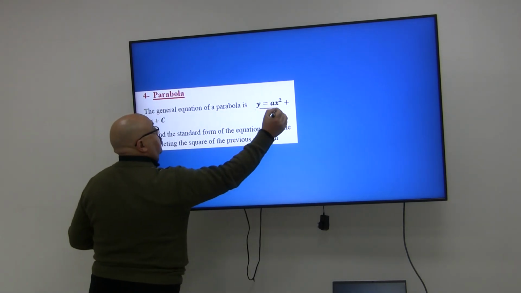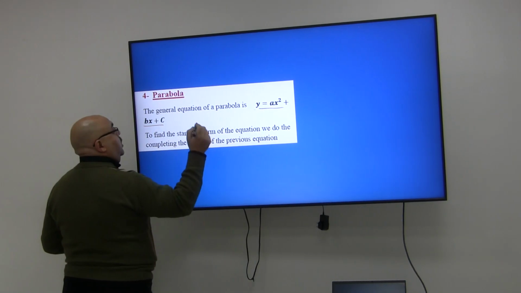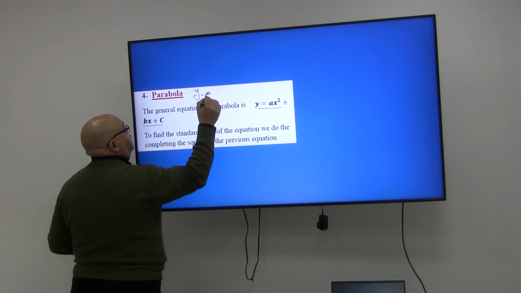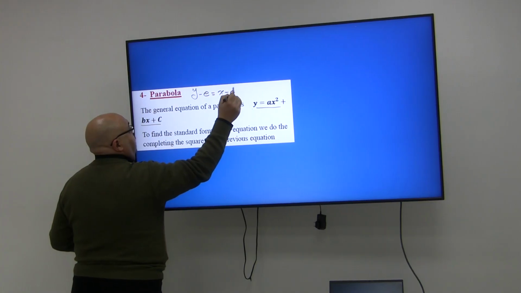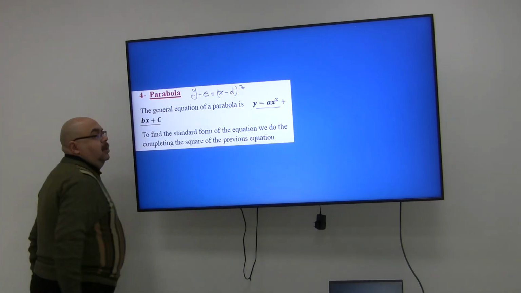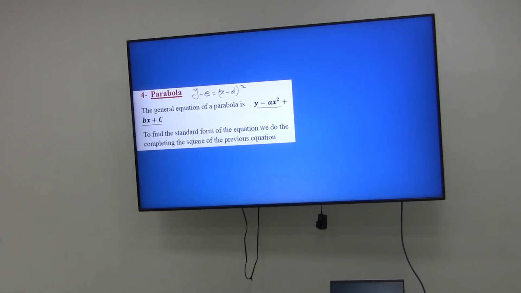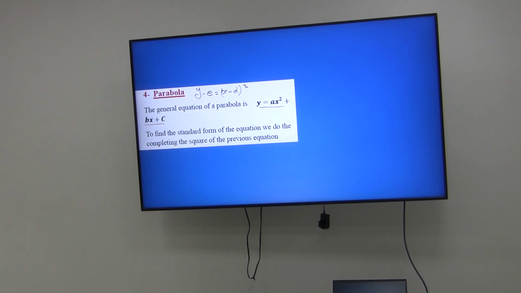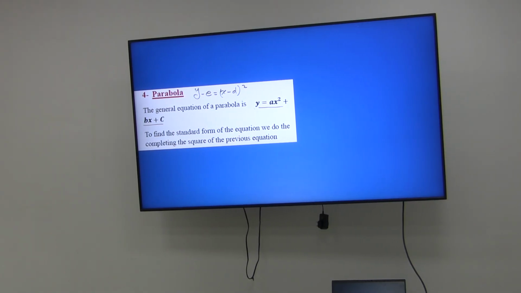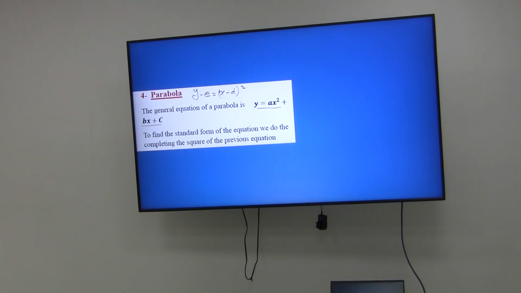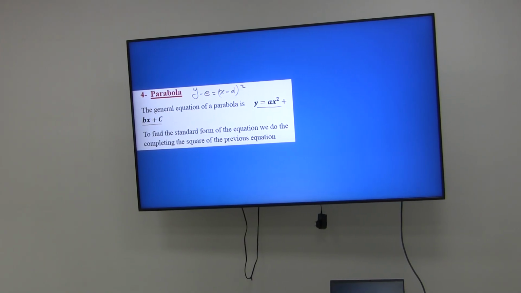So instead of dealing with this, try to complete the square and put it in this form: y minus e equal k times (x minus d) to the power of 2. So rearrange this equation and complete the square. Once you did the completing square in x, try to put it in this form.